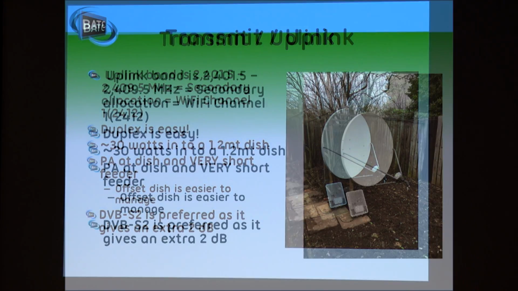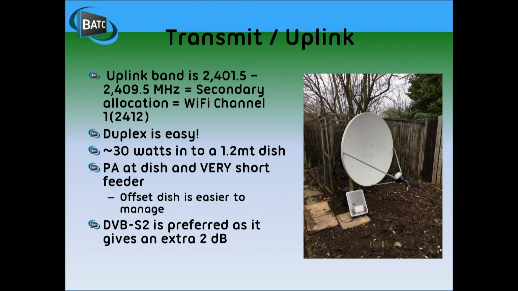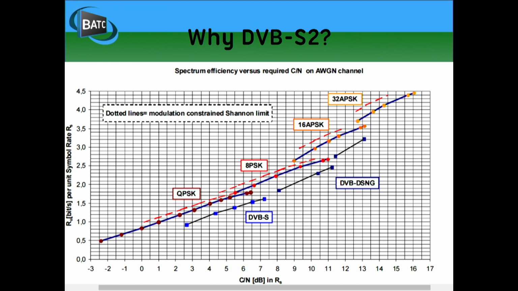And we use a modulation form which is DVB-S2, because what we found is that every dB really does matter, and by using DVB-S2 modulation rather than the original standard DVB-S, we're gaining an extra 2 dB purely in modulation coding terms for a given bandwidth.